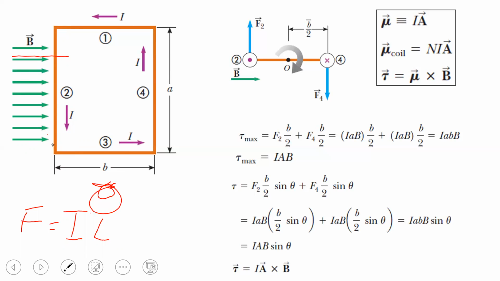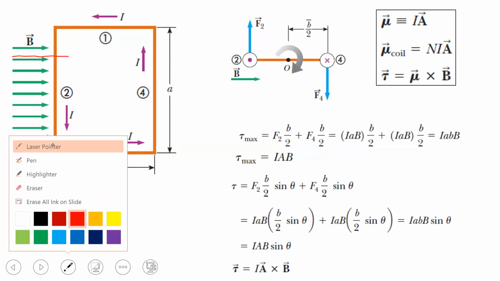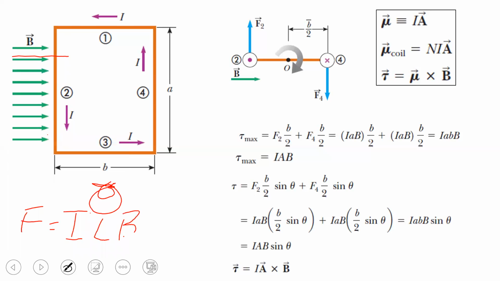Sine theta there is 1. So we don't have to stress ourselves with talking about sine theta anymore. Since theta is 90 degrees, sine theta is 1. So we can replace all this with 1, and we'll be left with ILB. And what is L?